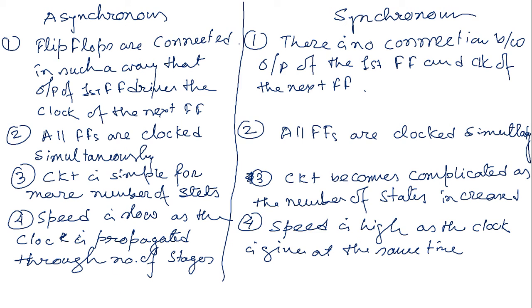For the asynchronous counter, whenever we provide the clock to the first flip-flop, the output of the first flip-flop controls the second flip-flop. So when we want to find the total speed of the counter, the propagation delay of every flip-flop is added to the clock propagation time. That makes the total delay high, so the speed of the asynchronous counter is slow.